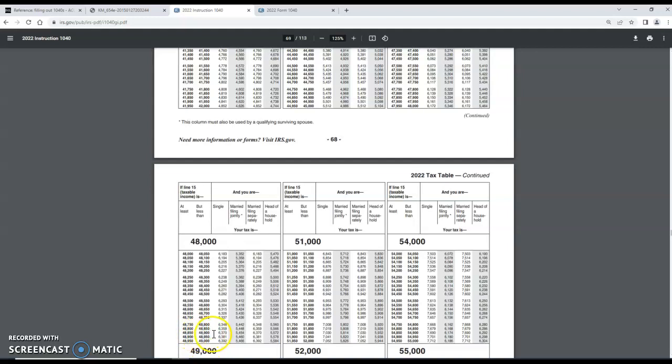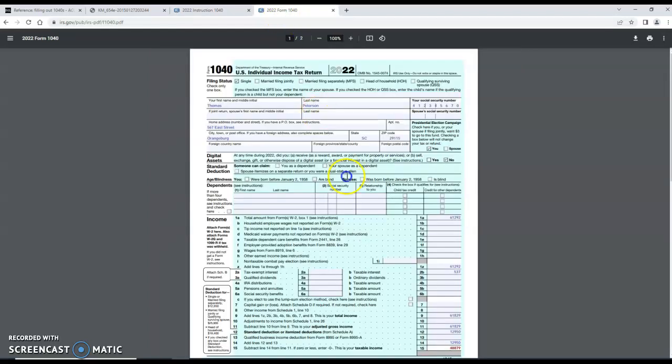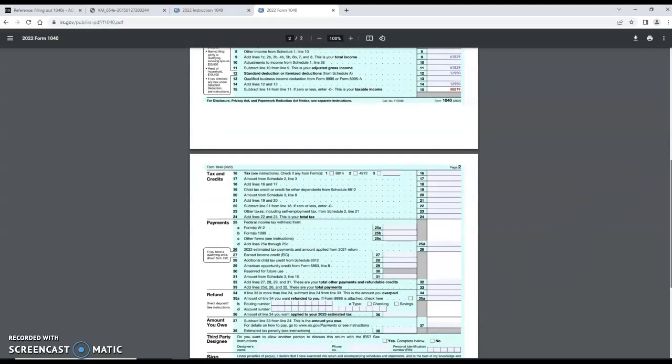So that's the row we're going to use, and he's single, and so that's the column that we'll use, and so that's 6,370. 6,370 is the amount of tax liability that he has. So that goes on line 16, the tax is 6,370.